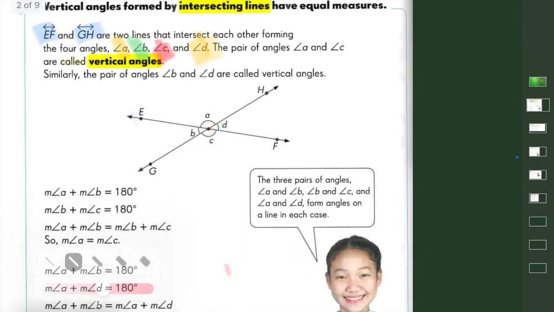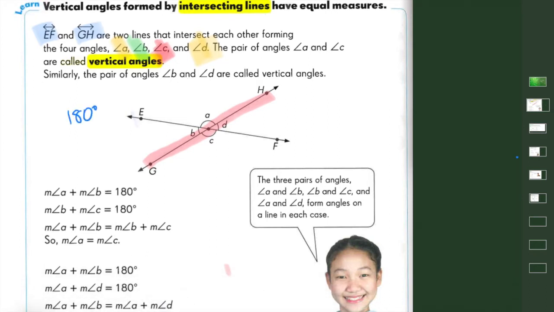In order to prove that A and C are vertical angles and B and D are vertical angles, we have to remember our rule about angles on a line. Angles on a line must have a measure of 180 degrees, a straight angle.